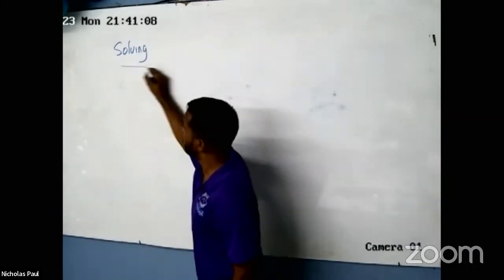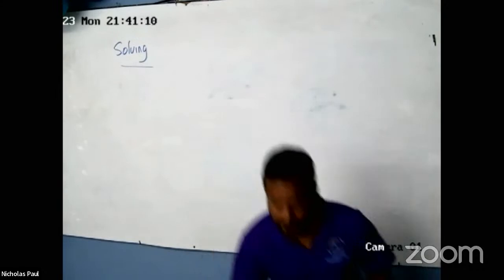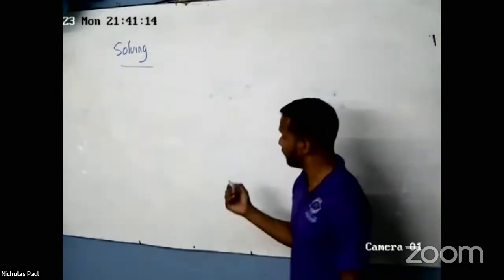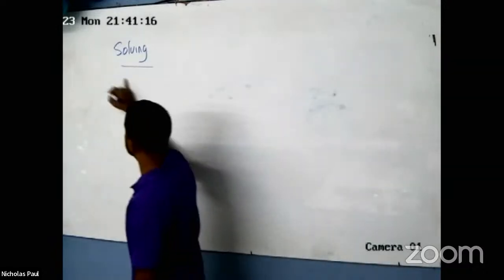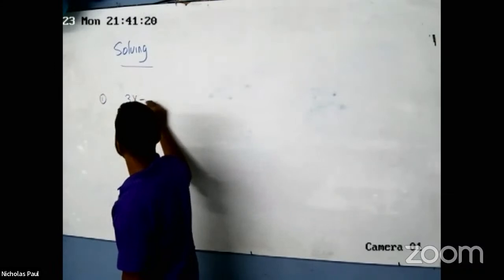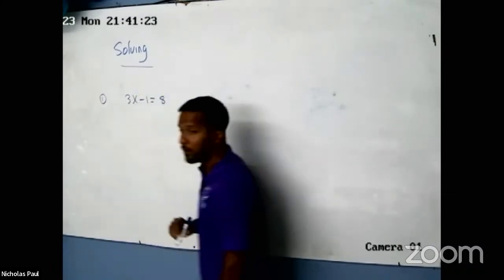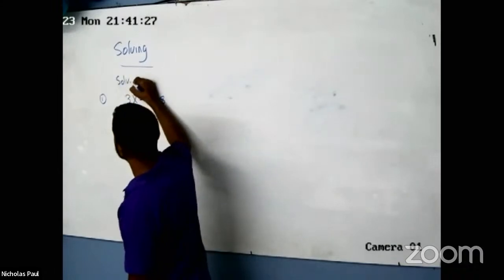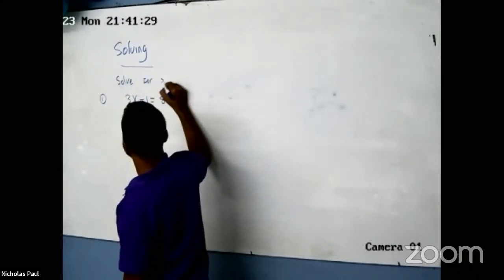So you want to go straight into solving, right? So we need to be able to solve any equation, any type of equation. Okay? So let's do an example quickly. 3x minus 1 is 8. Right? So for this here, we would like to solve for x.